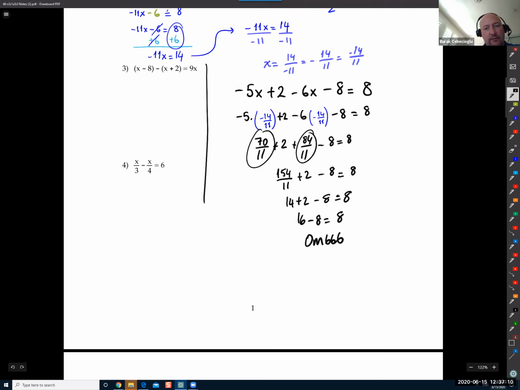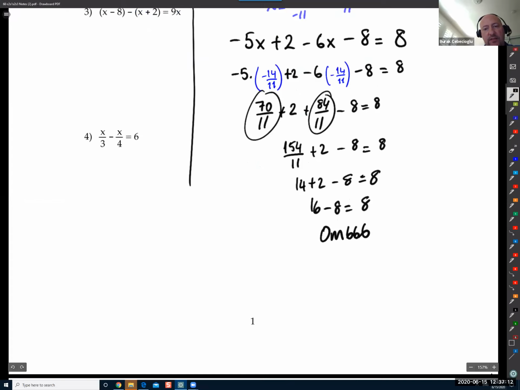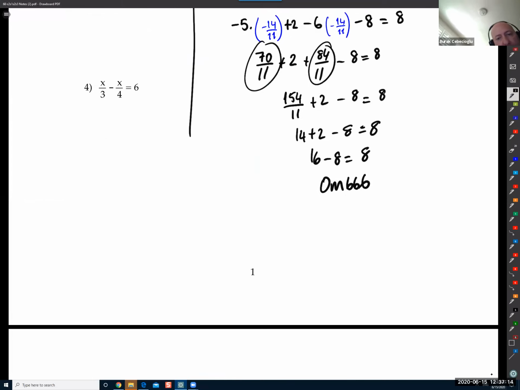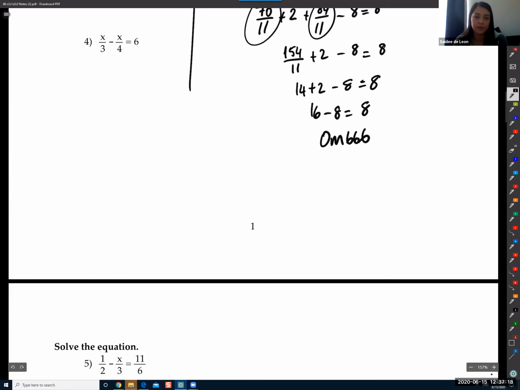Google it. 3 is the second prime number. What's the first prime number? Number 1 is not a prime. There's a song about it, but 2 is the first prime number, and the only even prime number.